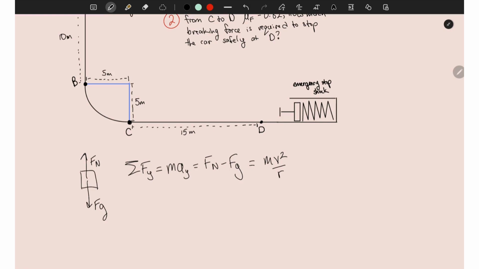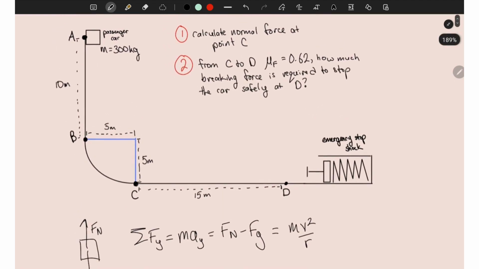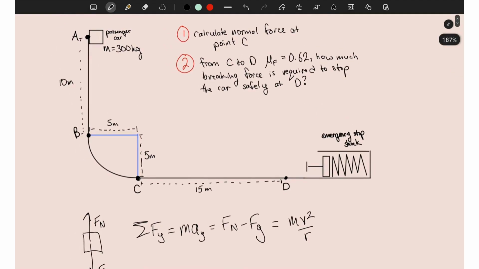So clearly the next step here is that we don't know what the velocity is, but we can determine the velocity. If we have a look here, our car is starting at the top with an initial velocity of just 0. It starts from a stationary position. Then it drops down to point C, where all the energy is kinetic.